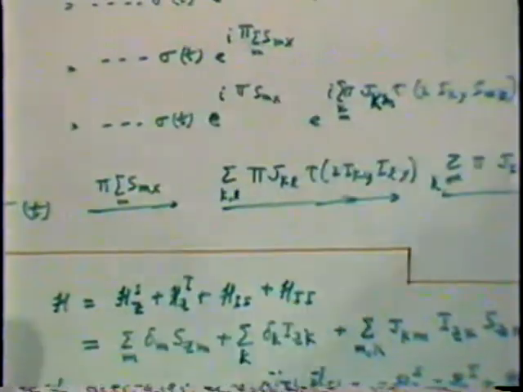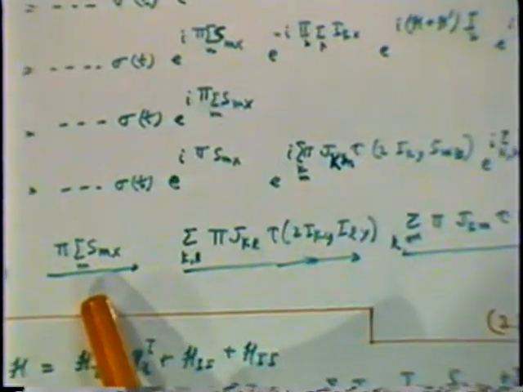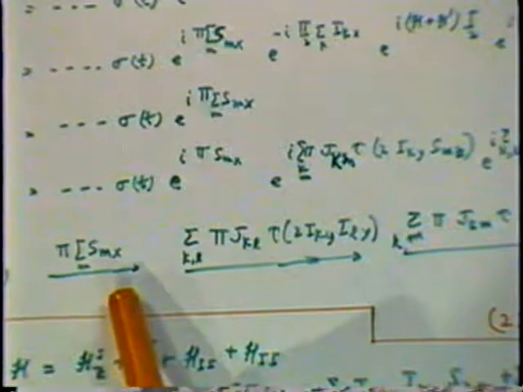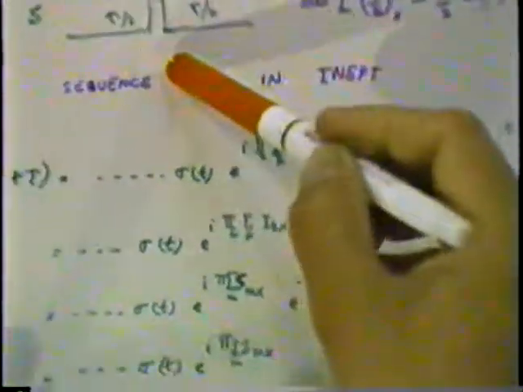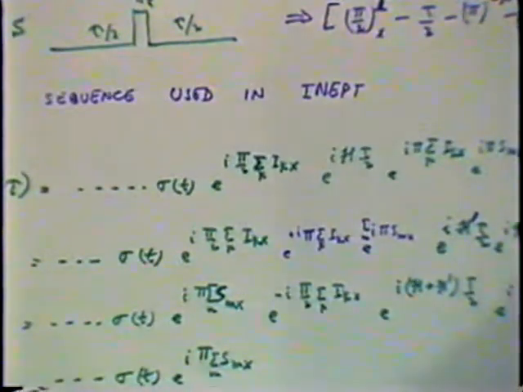At this point, the result of this sequence on a density operator is a pi evolution on the S operators, which is saying that it will refocus the chemical shift of the S spin if it is there, or all S spin Y and Z operators will change sign.